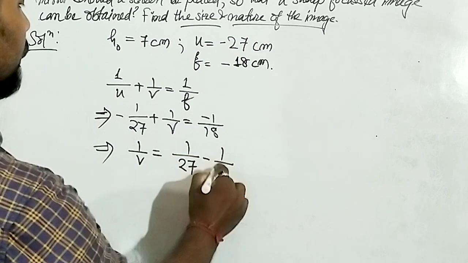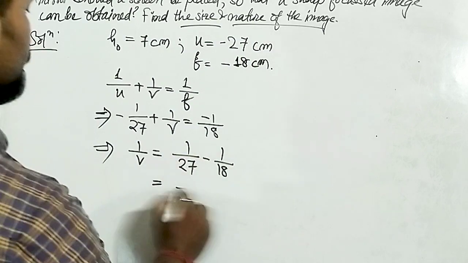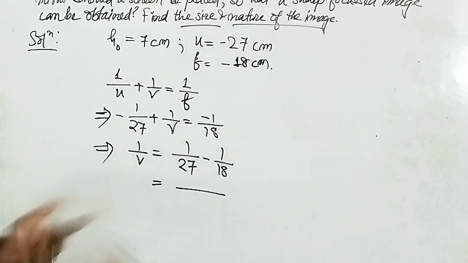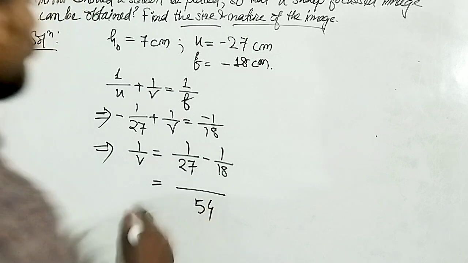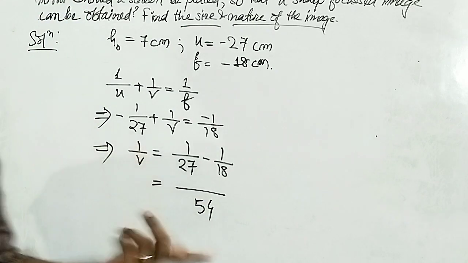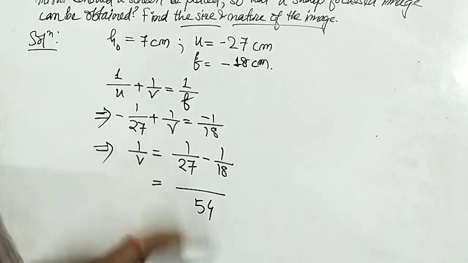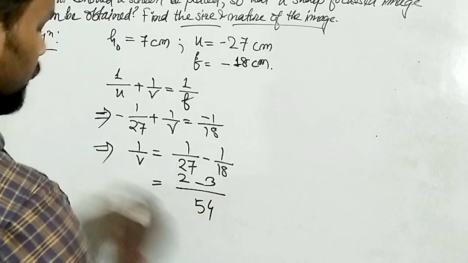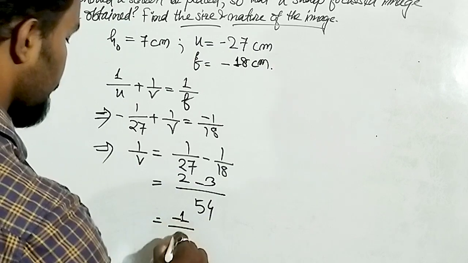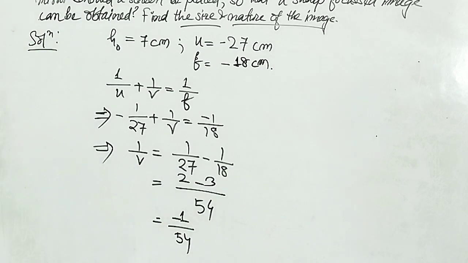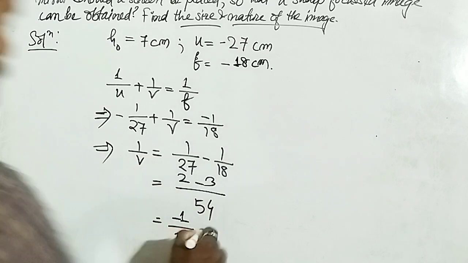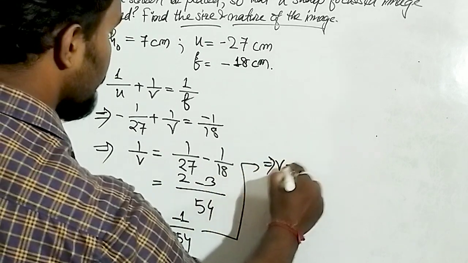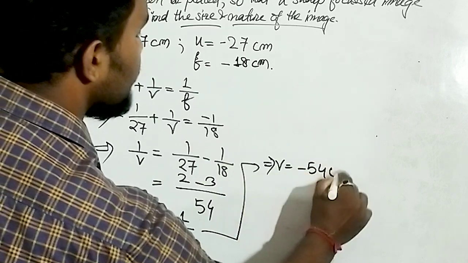It will be minus 1 by 18 plus 1 by 27, right? So what will be the LCM? Just tell me instantly, 27 and 18. Simple, 54. Because 54 is always divisible by 27 and 18. 27 into 2 equals 54, that's why it is 2. And 18 into 3, that's why it will be 3. That means minus 1 by 54. Right? We need the v, so we will write, implies v equals minus 54 centimeter.